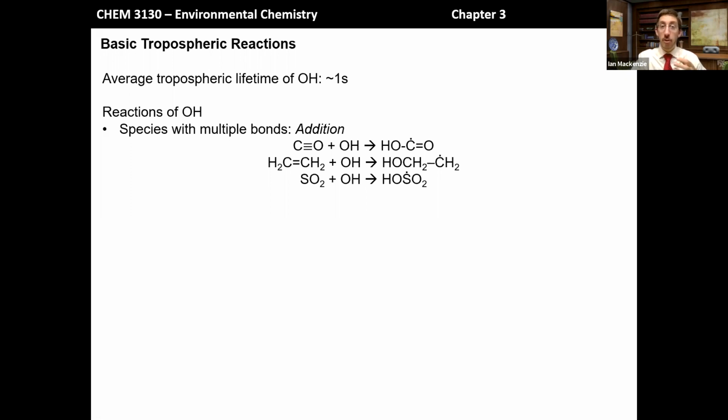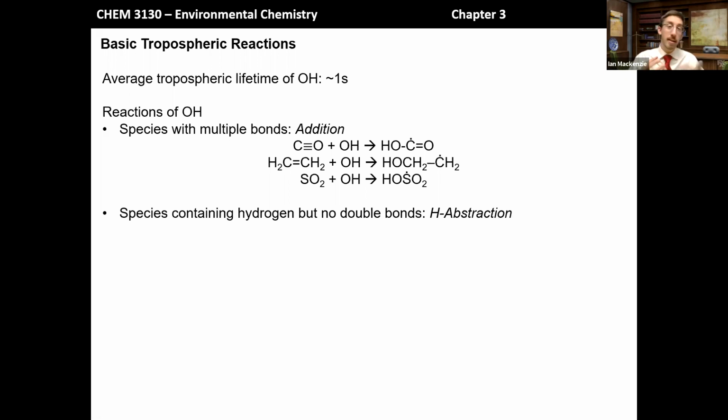Now, in addition to these addition reactions, we can also have abstraction. So if a species contains a hydrogen, but it doesn't have any double bonds, then most likely we are going to get H atom abstraction. So the OH radical will come and pull a hydrogen, and that hydrogen will take 1 electron from its bond, from that bond, and bring it with it.